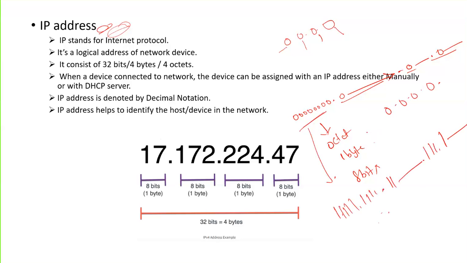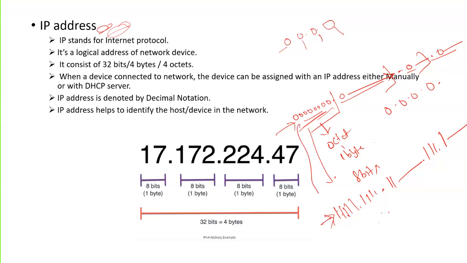You got my point. A bit is nothing but either 0 or 1. In each octet we have 8 bits, and in each bit we can keep either 0 or 1. So the minimum is all zeros, and the maximum is all ones. So the minimum IP address is all zeros, and the maximum IP address is all ones.